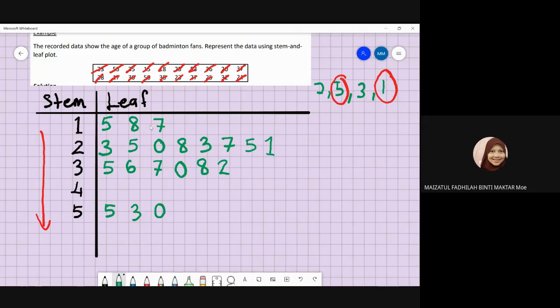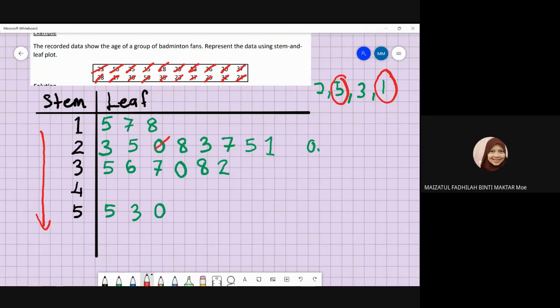This one does not follow the order, so this one will become 7, 8. Right, and for stem number 2, 3, 5, 0, 8, 3, 7, 2. It's better you write down at the side what is the lowest number.